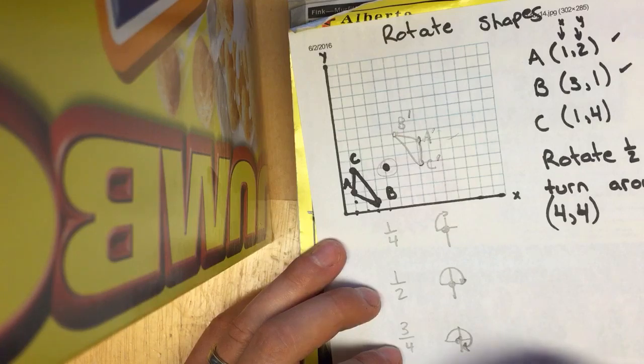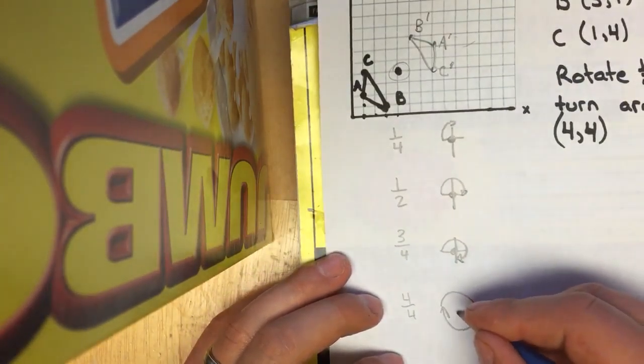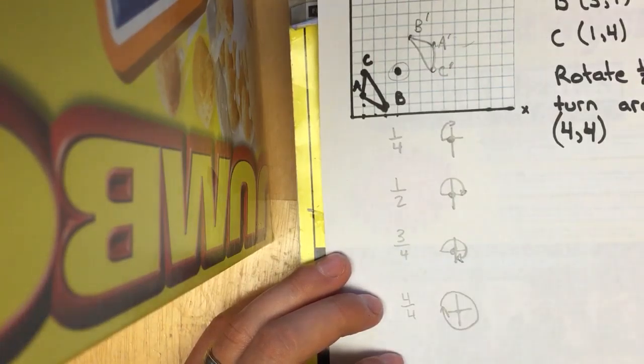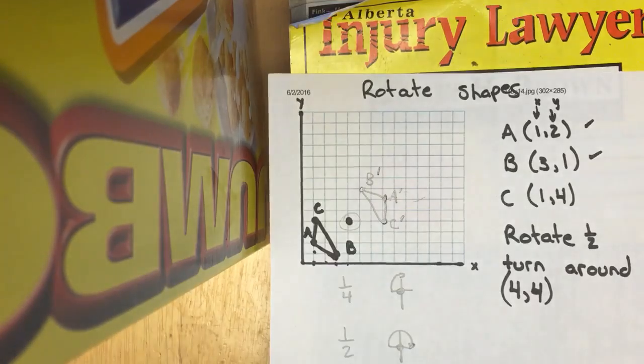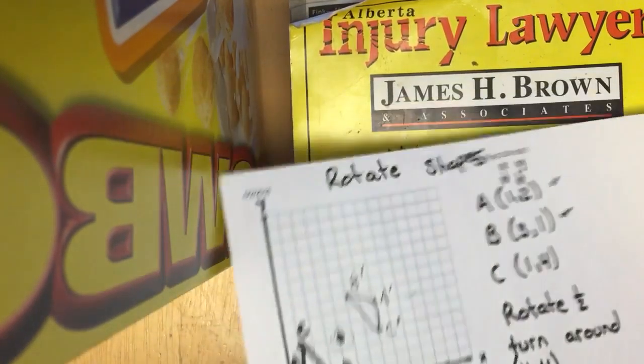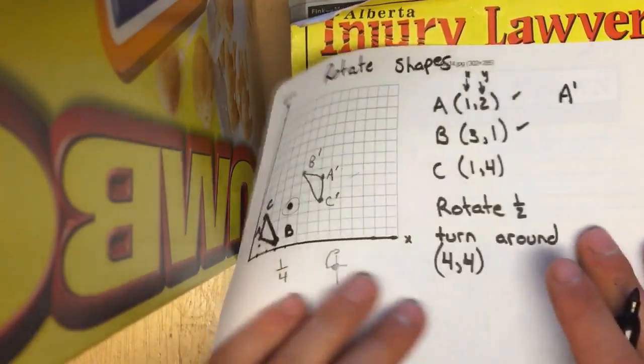A full rotation, you'd basically move it all 4 ways around and you'd be right back where you started. So these are important ideas. Make sure that you remember them when you do your rotations. Just to finish off the question, I'll get out my marker here. What is our new A spot?